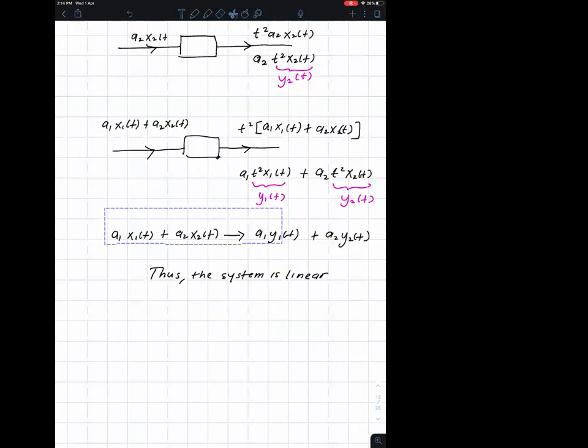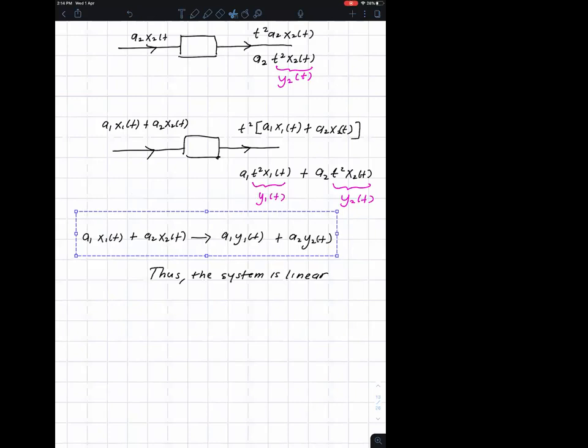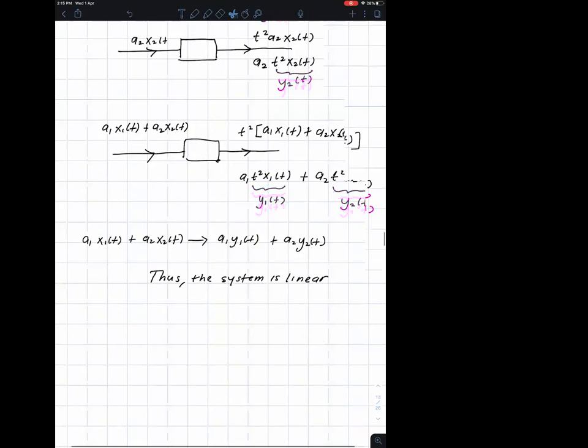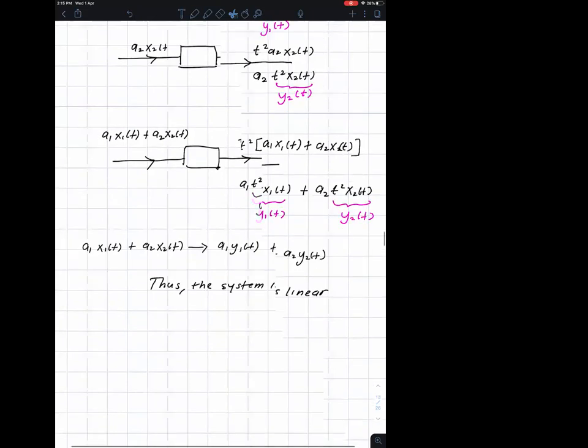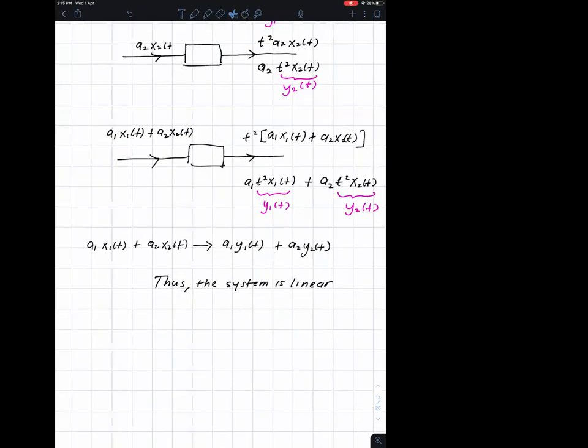When you sum the individual inputs, you're going to get a corresponding sum of individual outputs. So this is the proof, the superposition principle, proving that this is linear.